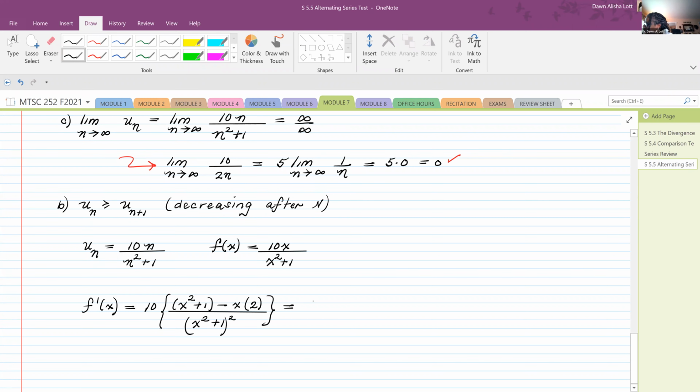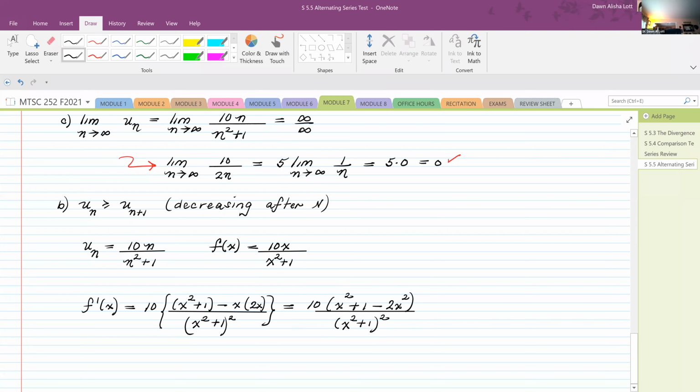So I get 10, and then I have x squared, then I have minus 2x squared. Oh, somewhere an x is missing. This should have been 2x. So I have x squared plus 1 minus 2x squared over x squared plus 1 squared.